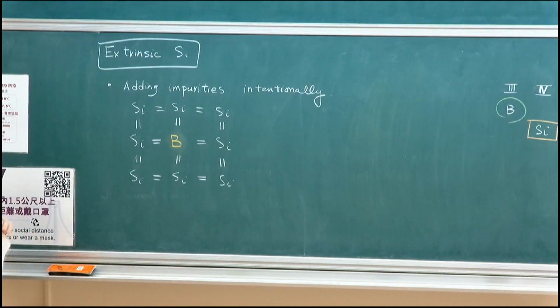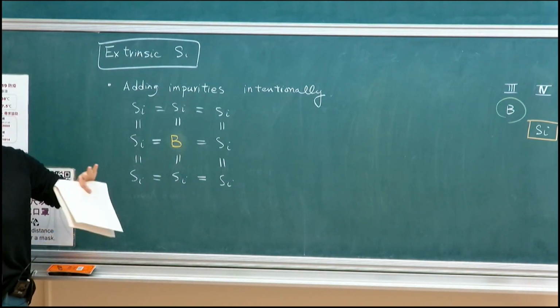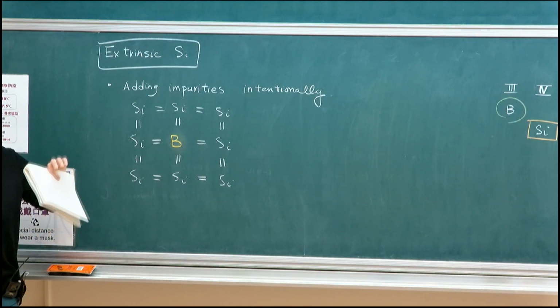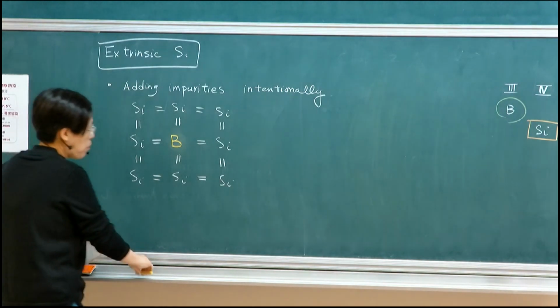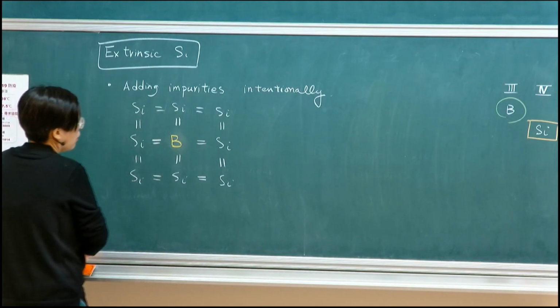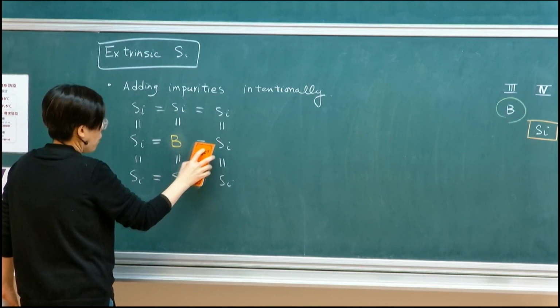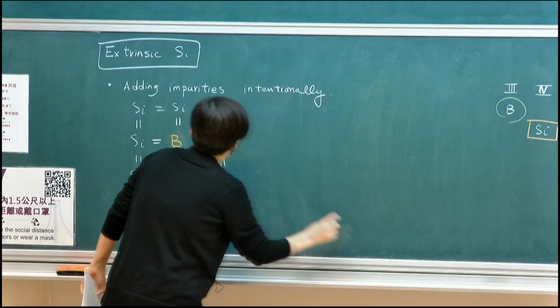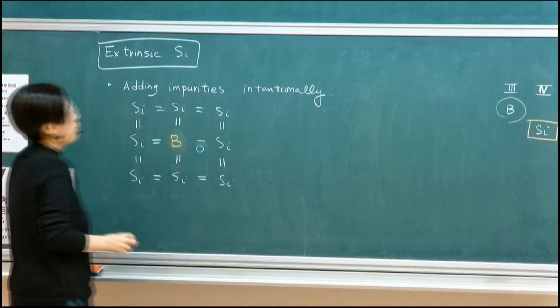First of all, you want to substitute in a perfect grid. You want to blend in and link with the others. So remember, boron only has 3 valence electrons. Therefore, once I put the boron in, there will be a hole.